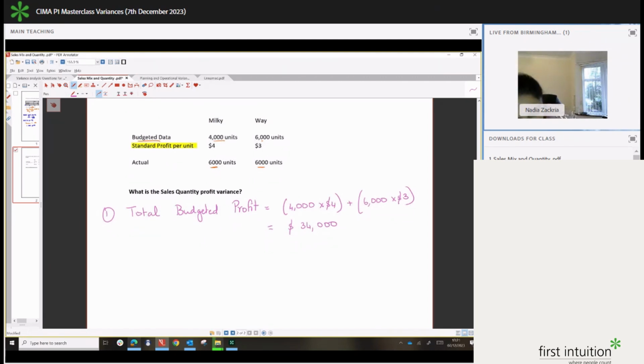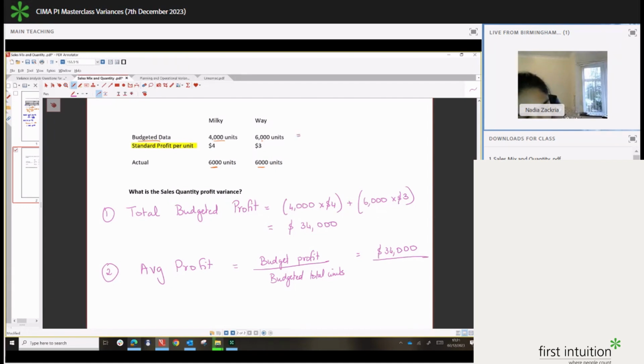Step number 2 is to work out the average profit. How do you work out the average profit? It's your budgeted profit divided by the budgeted total units. Budgeted total profit was 34,000.